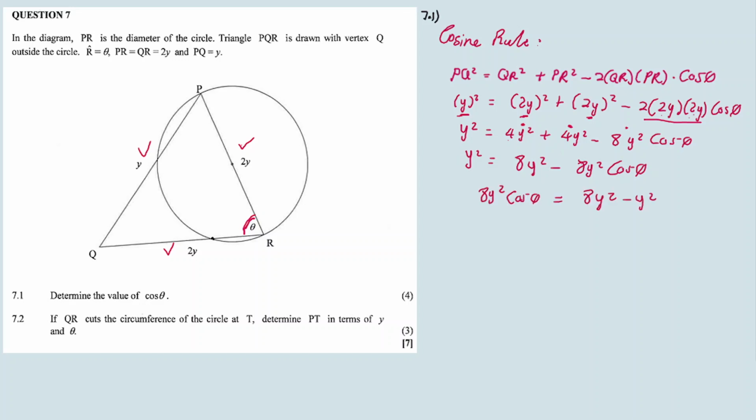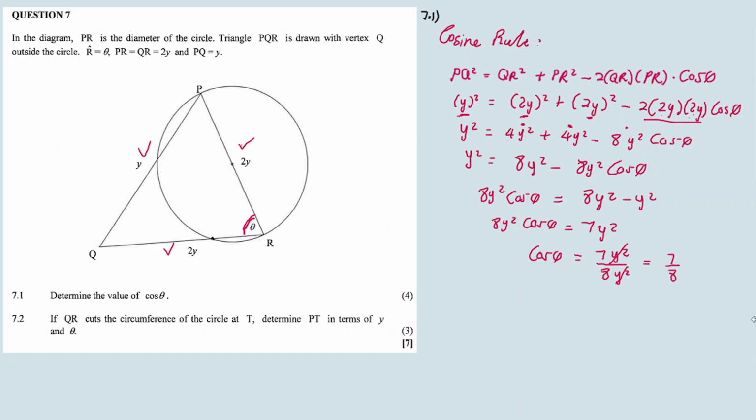So we swap: this one goes here, this one goes there, and the y squared becomes negative, this 8y squared becomes positive. Then 8y squared minus y squared is 7y squared. Then we divide both sides by 8y squared, making cos theta the subject of the formula. Then it cancels and our cos theta is equal to 7 over 8.